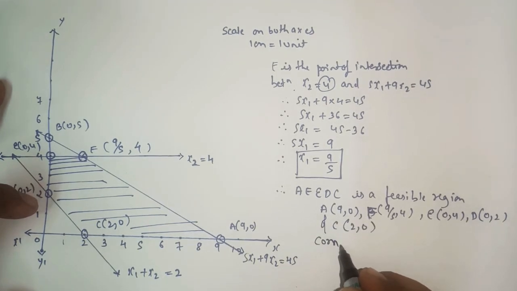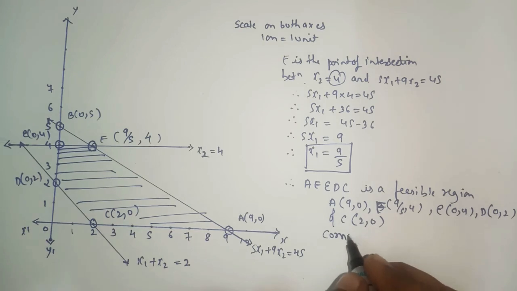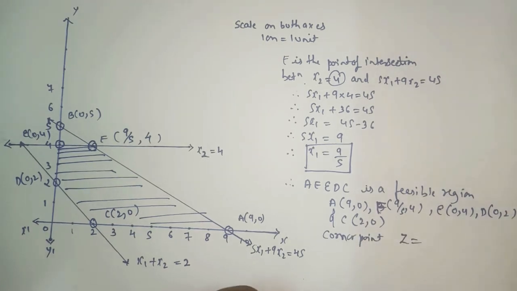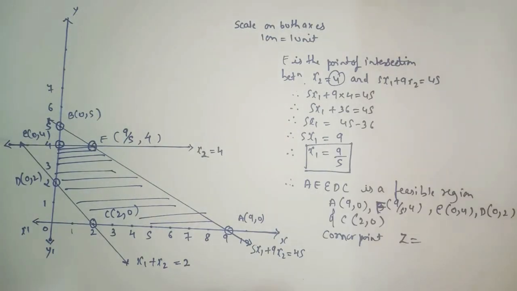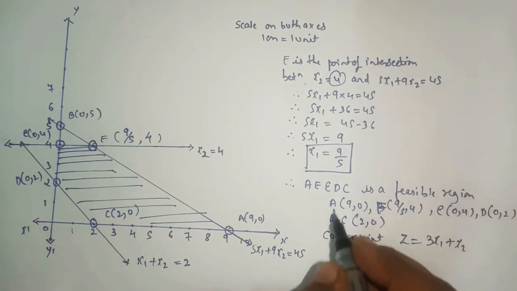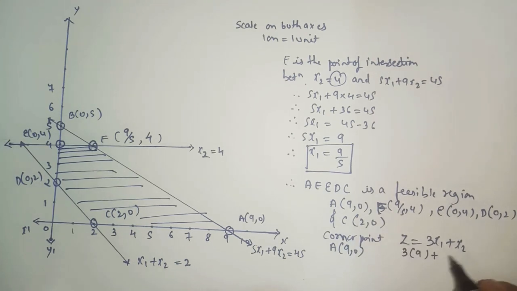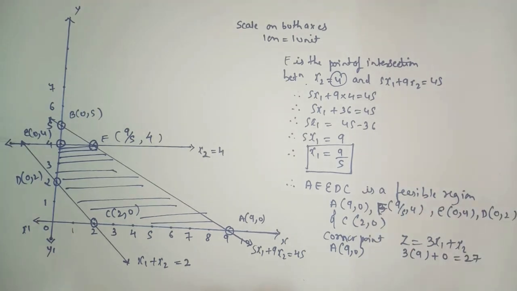Now we'll find the value of z with respect to the corner points. Here for this question z is 3x1 plus x2. The first one is 9 comma 0. So here 3 into 9 plus 0, so the answer will be 3 nines are 27.